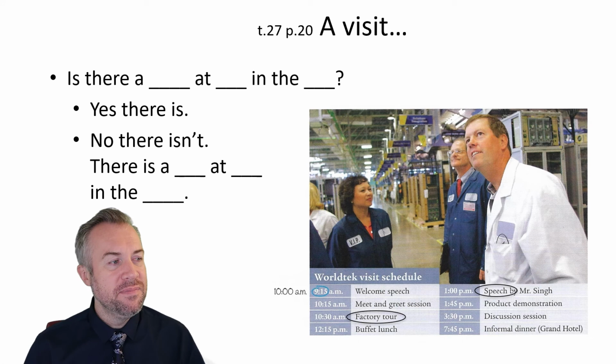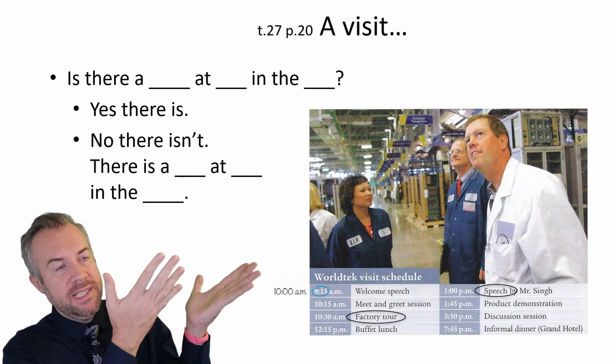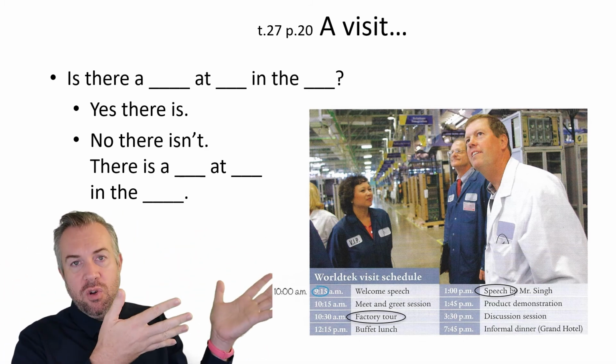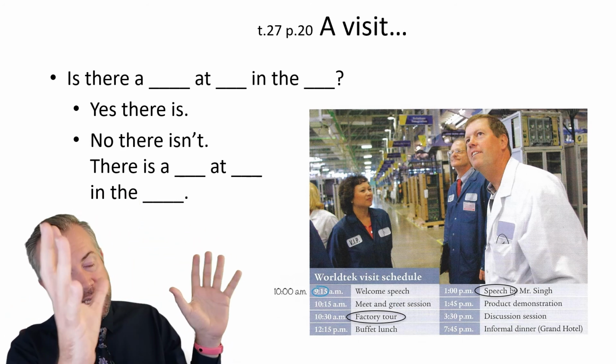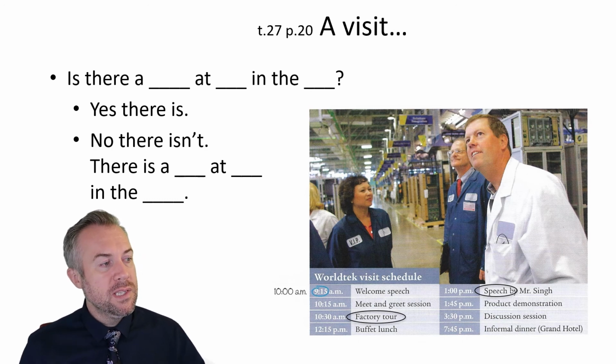No, there isn't. There is a presentation by Mr. Singh at 1 o'clock in the afternoon, not a speech. A speech is purely talking, whereas a presentation is demonstrating or explaining information using pictures, words on a PPT. That's a presentation. What's the next one?